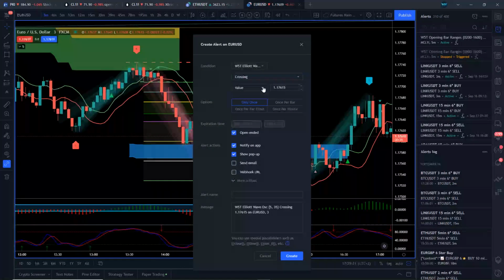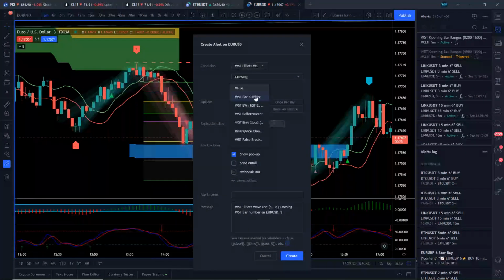Just crossing value, bar number, okay, and then only once per bar, that sort of thing.